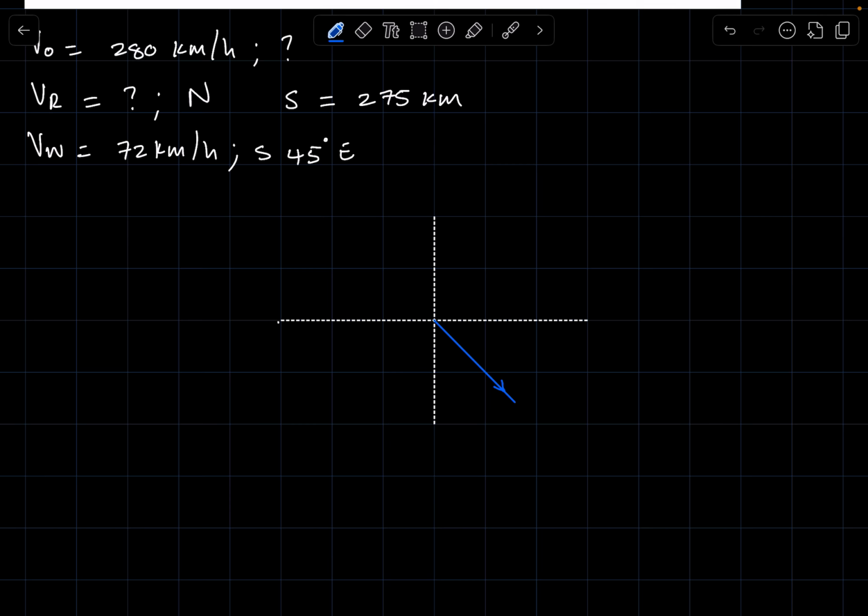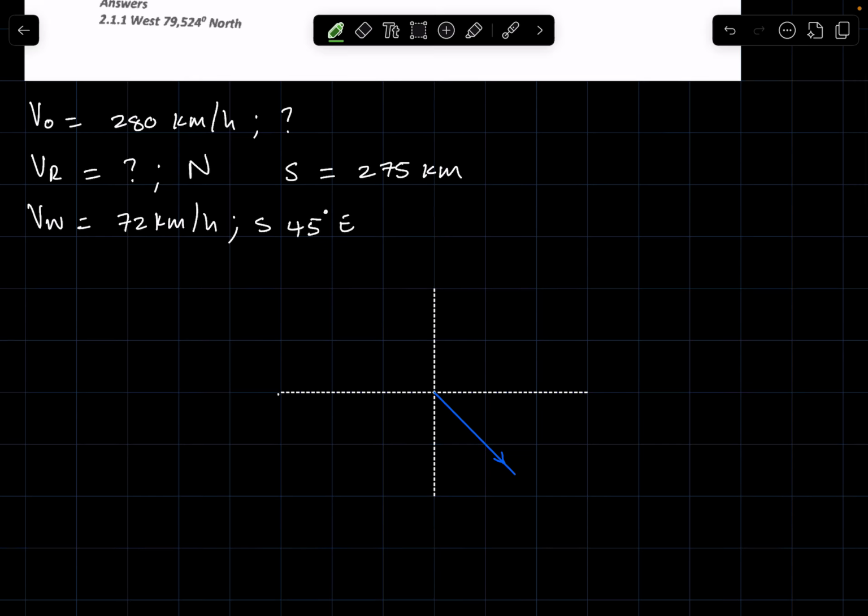So we have the direction of VW, we also have the direction of VR. VR is directly north, so we know VR is headed in that direction. So this is VR. And then we have VW, which is 72 kilometers per hour.